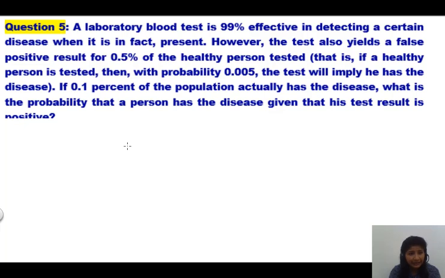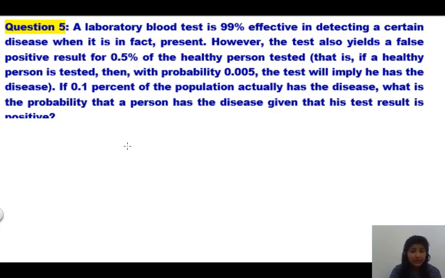When a healthy person is tested, the false result is also giving us 0.5%. That is, if a healthy person is tested, then the probability is 0.005 that the test will imply he has the disease even if he is healthy. So this is not a simple statement, this is a conditional statement. He is healthy and still the test is giving a positive result. Two things are there in it. Similarly, they are saying 0.1% of the population actually has the disease, that means 0.1 upon 100, that is 0.001 is the probability that the population actually has the disease.